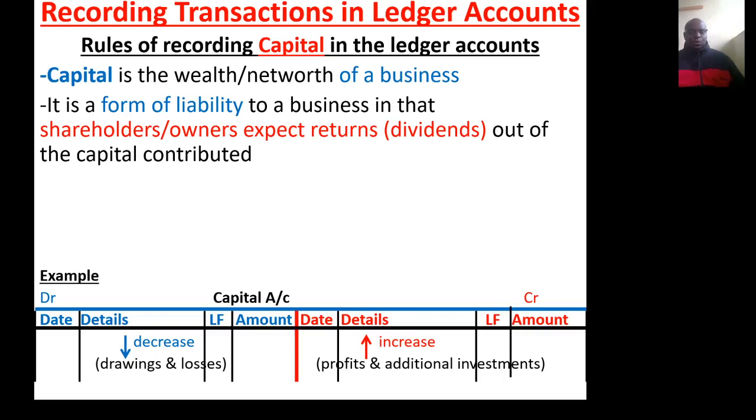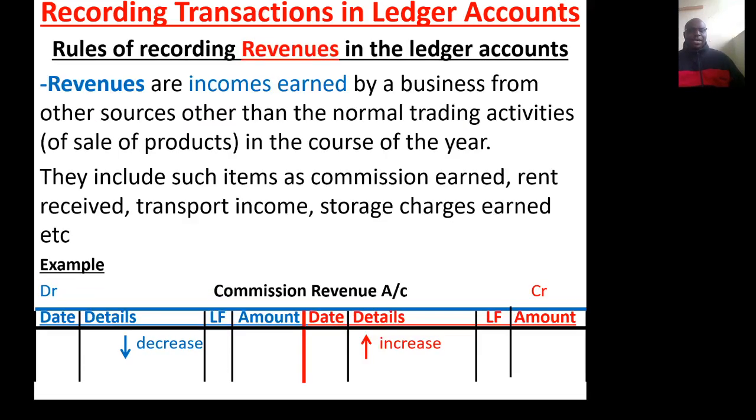You can withdraw or draw cash, stock, or any other item from the business, and it is turned into a personal property. That means you have reduced the net worth of the business. It reduces capital. And also, losses reduce capital. Those transactions are recorded on the DR side.